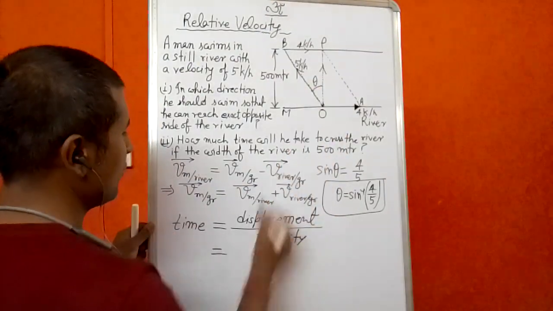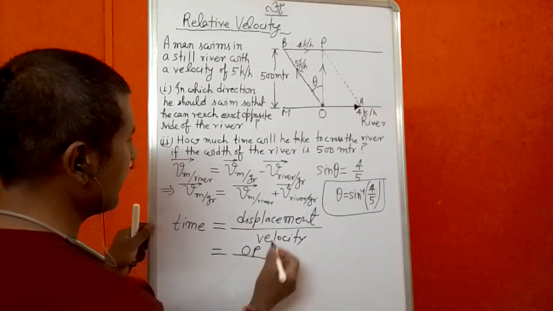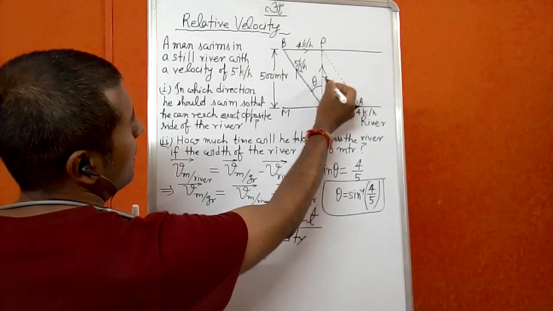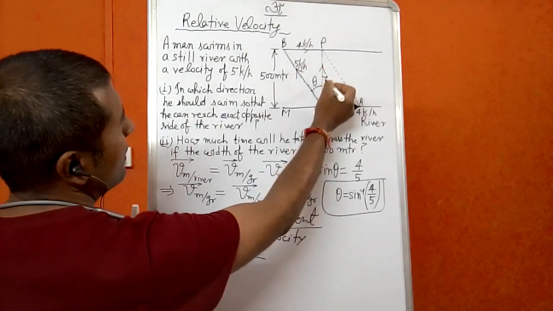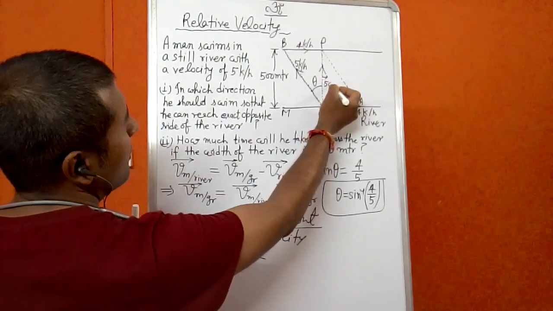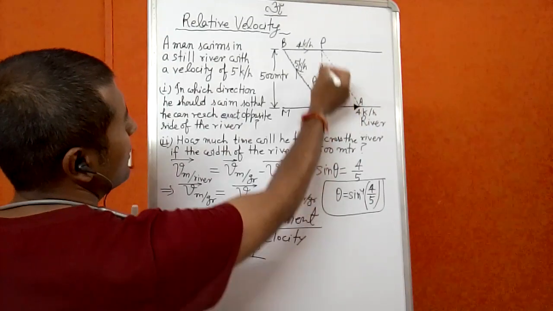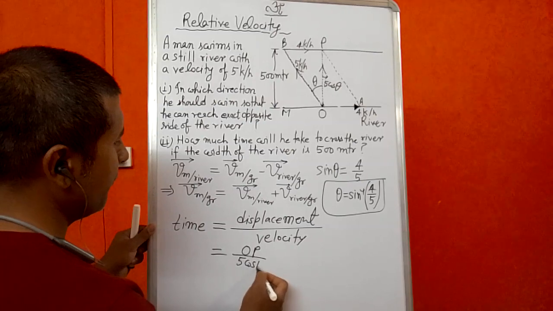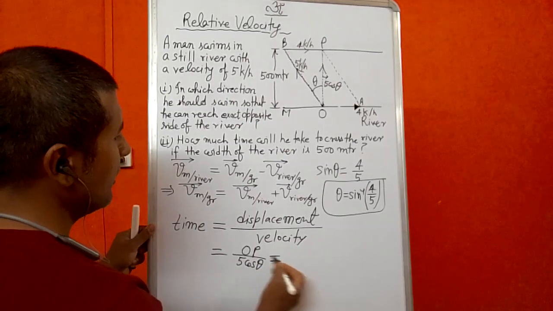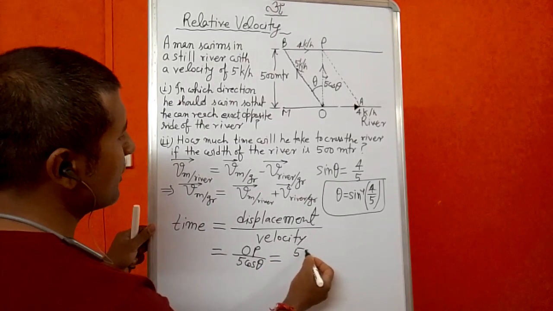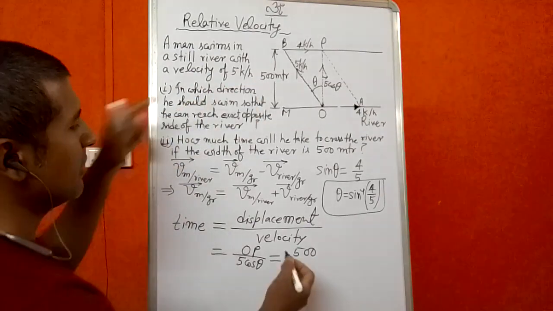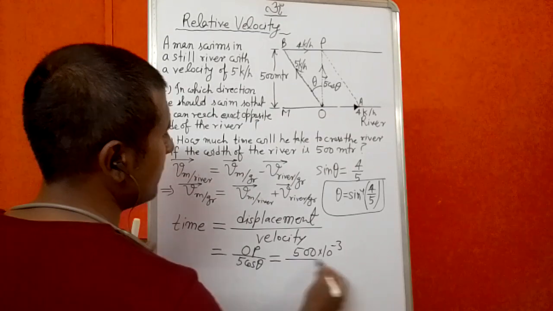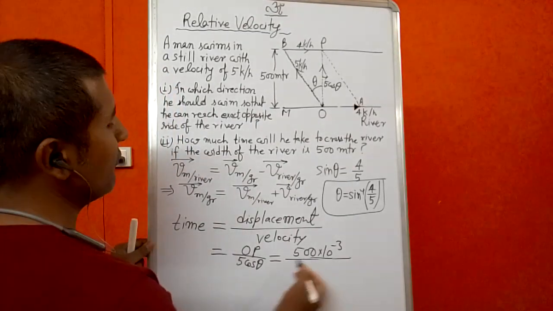Displacement is OP, upon velocity. Velocity is this component, so this is 5 cos theta. Now what is OP? OP is given as 500 meters, but meters have to be converted into kilometers, divided by 5 cos theta.